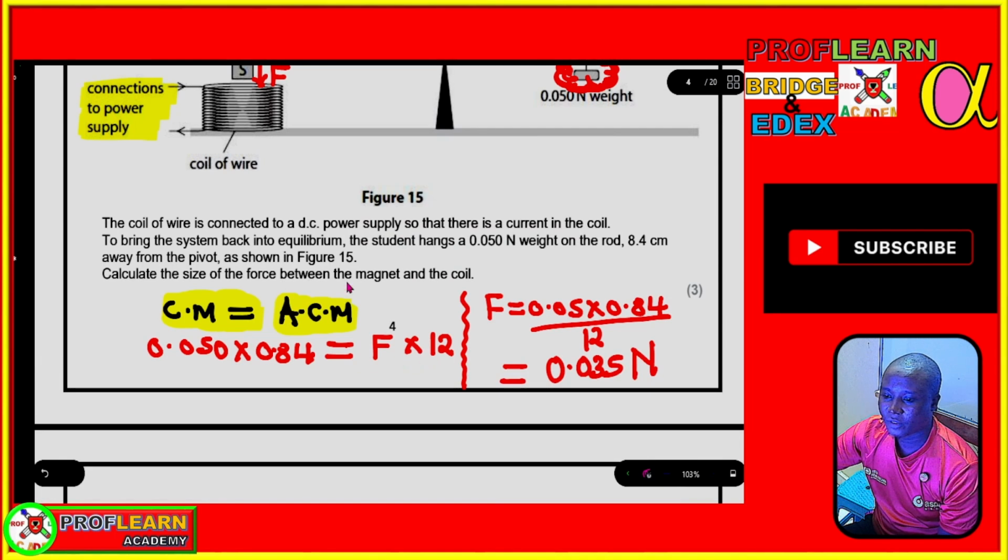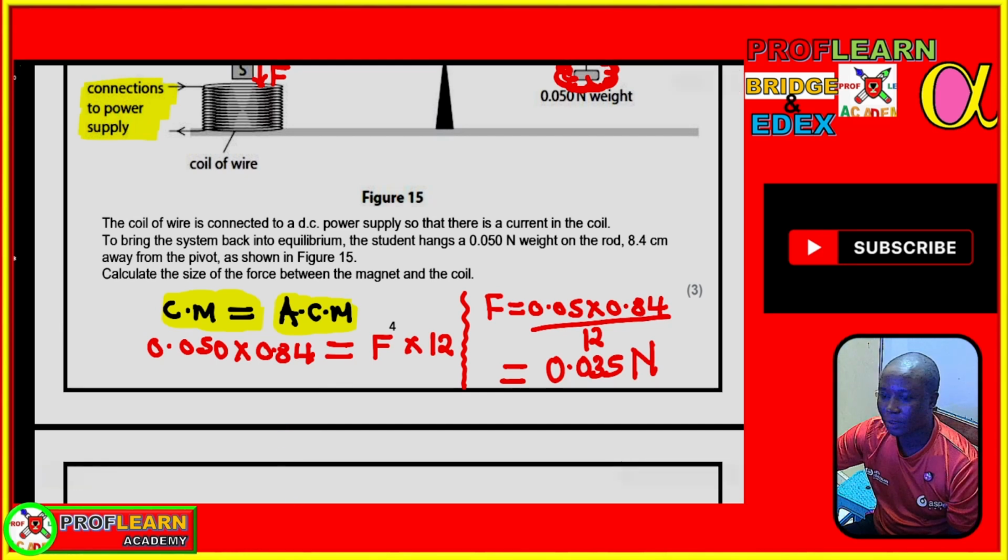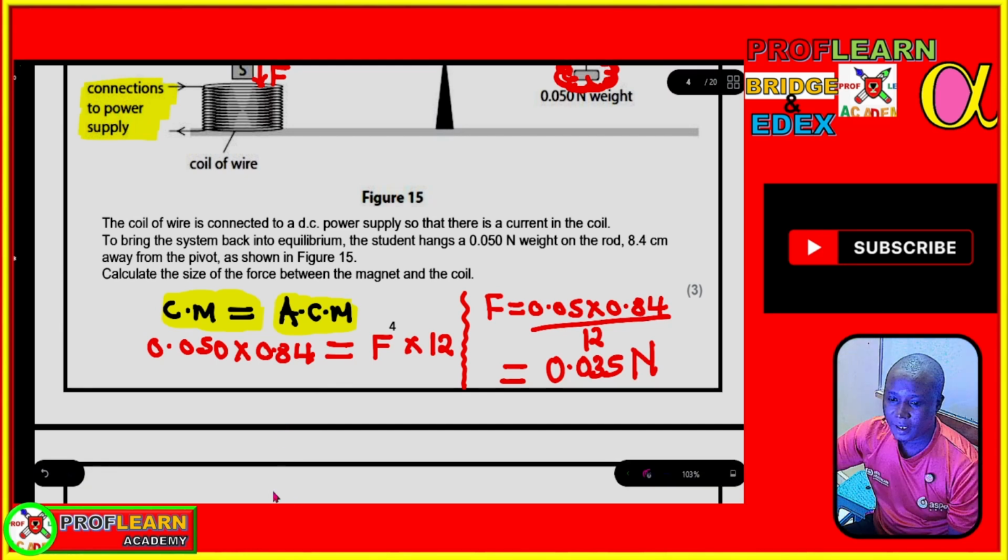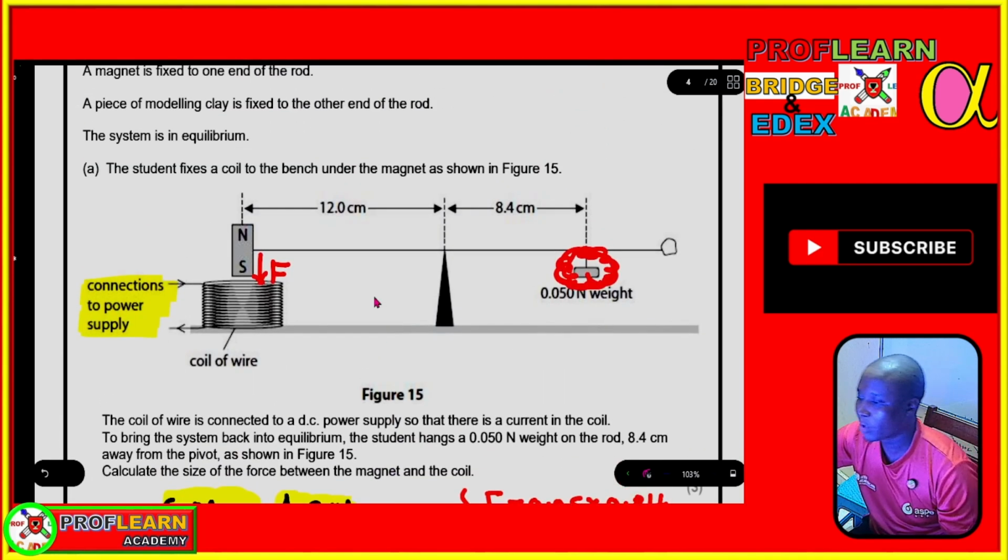Now to calculate the size of the force between the magnet and the rod, we say clockwise moment is equal to anti-clockwise moment. In that case, it's going to be 0.05 times 0.84, because the distance from the pivot to where the weight is acting is 8.4 centimeters.